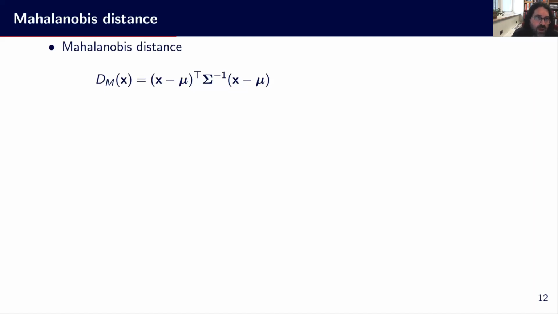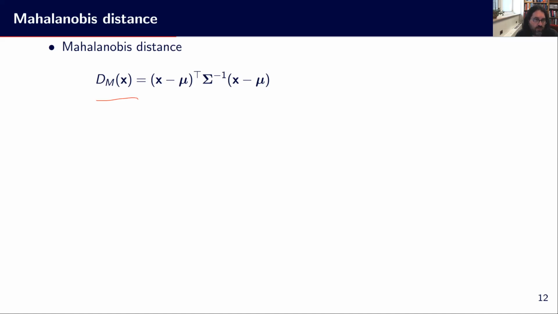Now, if we look at the Mahalanobis distance, this is an interesting use of the covariance matrix. If we assume that we have data distributed according to a normal distribution in multiple dimensions, we can compute what we call the Mahalanobis distance, which is not exactly a distance because we are not computing anything between pairs of values.